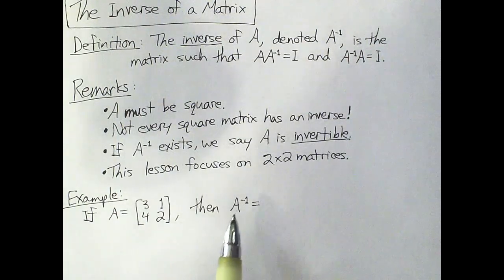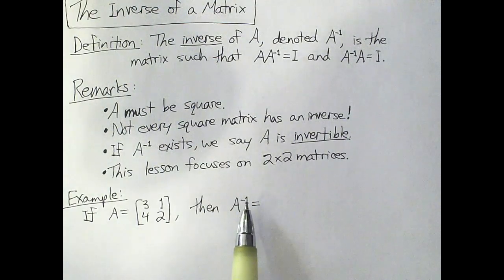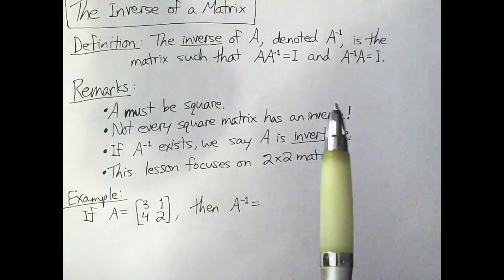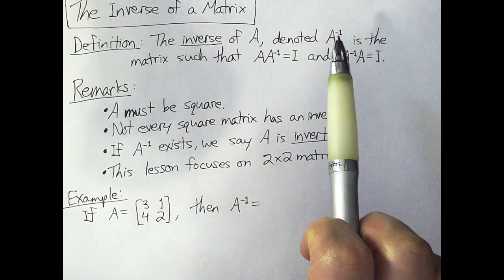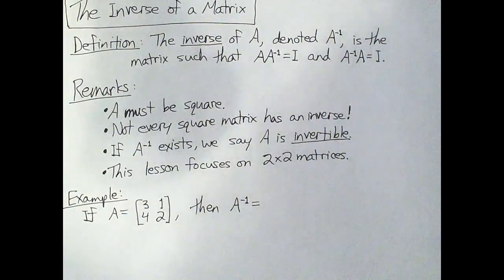We're not raising A to the -1. I know in the last section, towards the end of the video, we had a definition of A to the K, where we talked about how you could do A squared, you could do A cubed, and A squared means A times A. However, this is not an exponent. This is notation that we use to indicate the inverse of a matrix.